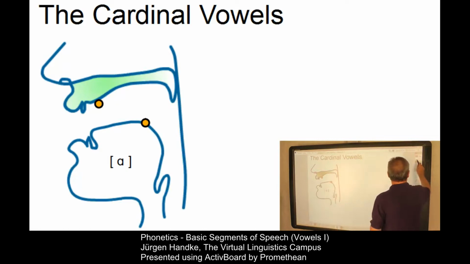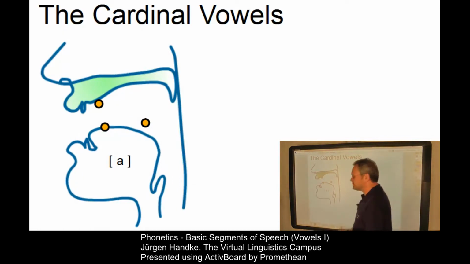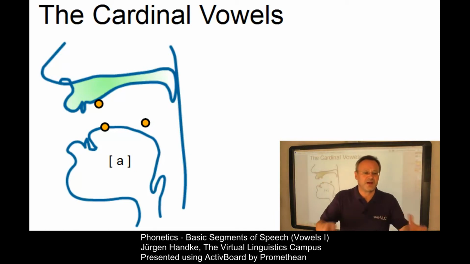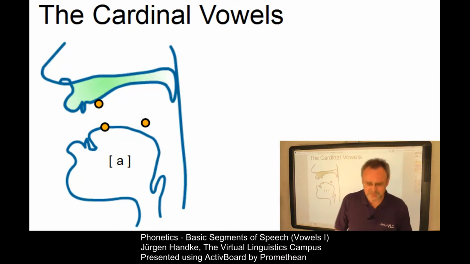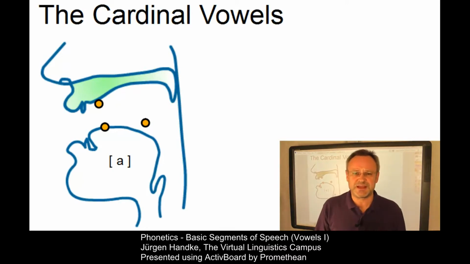Now we need 2 further points. The next one is a reference point where the tongue is extremely low and has the most front quality, and the result would be something like A.